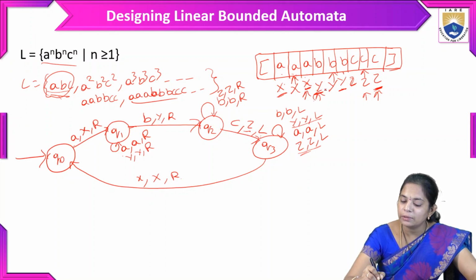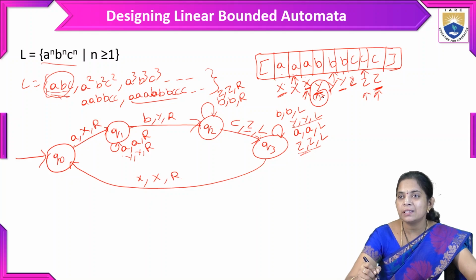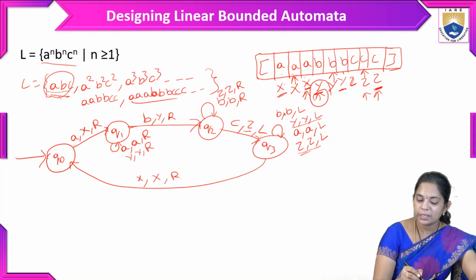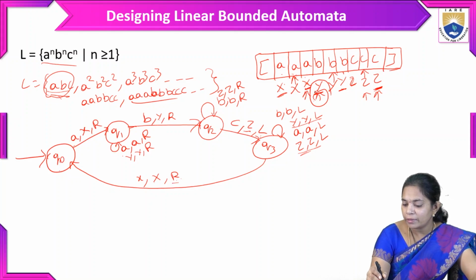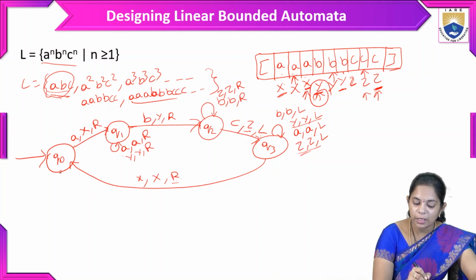And here in this step, we saw that from this state, x is replaced with x. Here from this state, we have the y input value, and we need to replace it with y and move to the right direction.